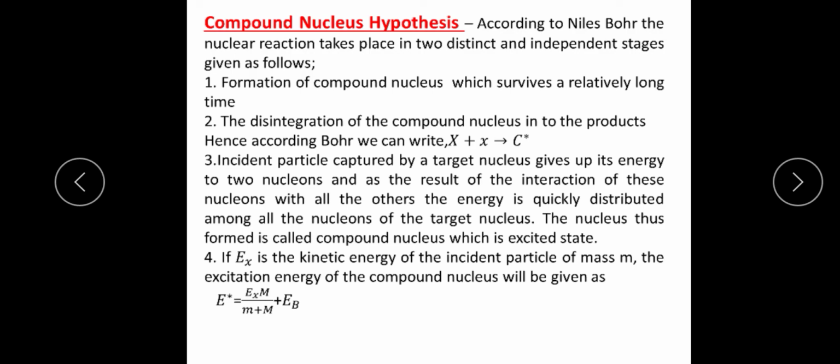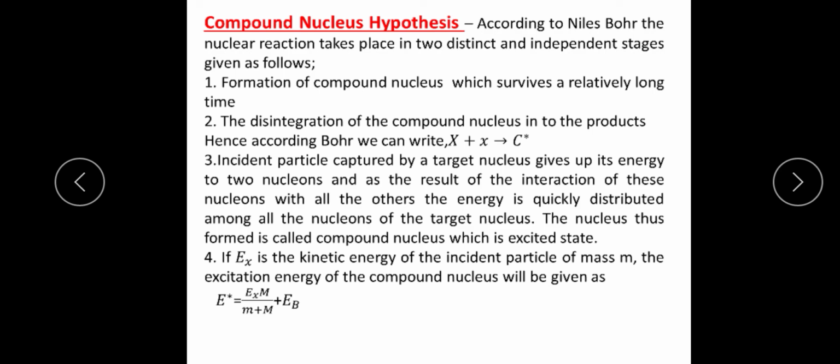The nucleus thus formed is called the compound nucleus, which is in an excited state. Means when the incident particle is incident on the target nucleus, it completely captures all those nucleons and goes to its excited state, and we call that nucleus the compound nucleus.